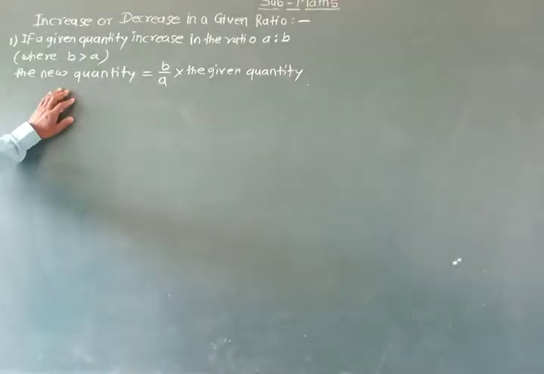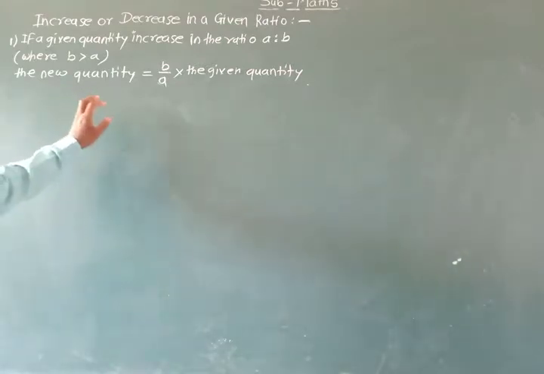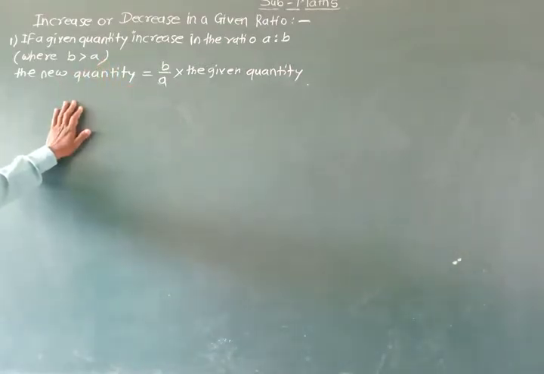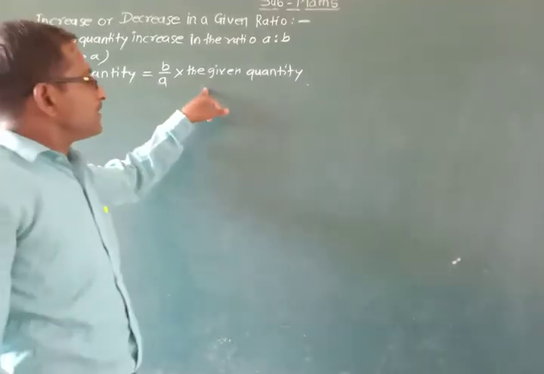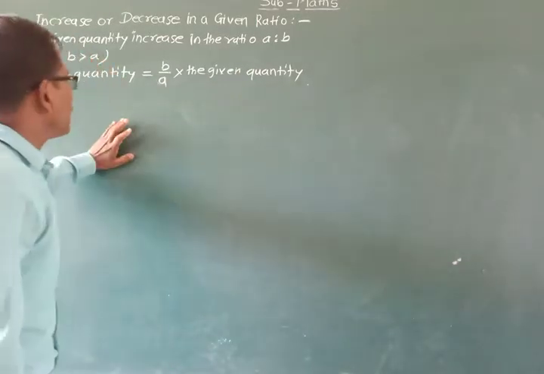When you find the increased quantity, it is B upon A multiplied by the given quantity.